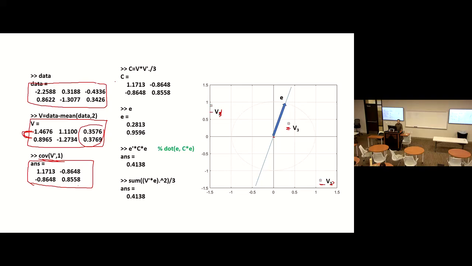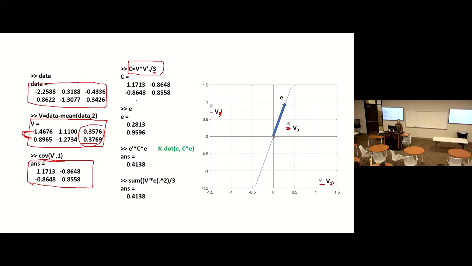Another way to compute the covariance matrix is using this multiplication of matrices. The data has been centralized. So you transpose it and multiply by itself and divide by 3, the number of samples.